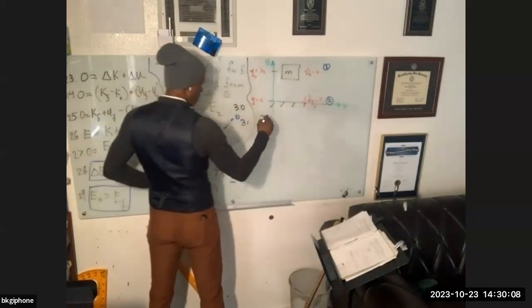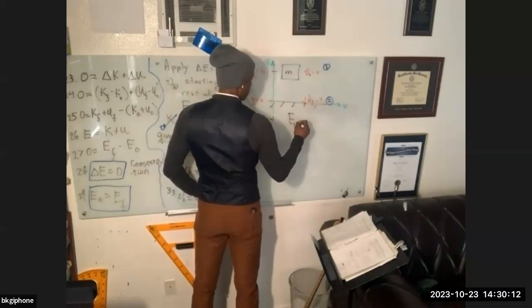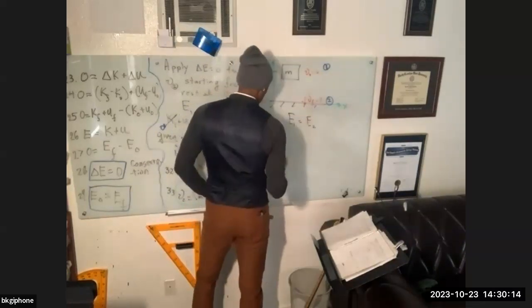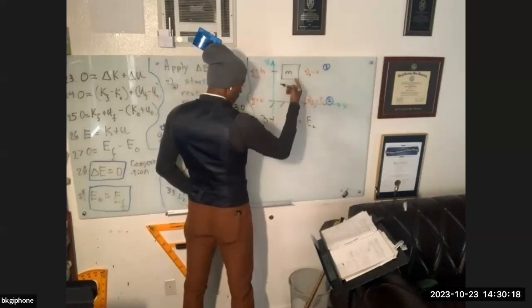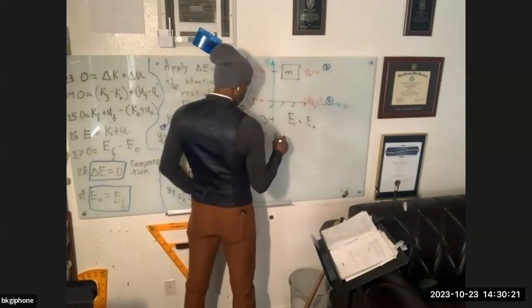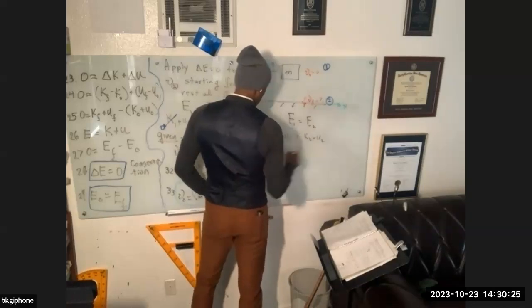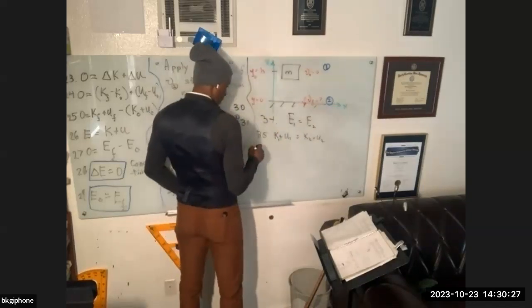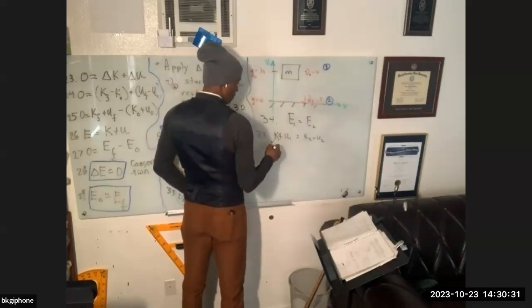The total mechanical energy at position 1 equals the total mechanical energy at position 2. At the top, we've got kinetic 1 plus potential 1 equals kinetic 2 plus potential 2. If the initial velocity is 0, then K1 is 0.